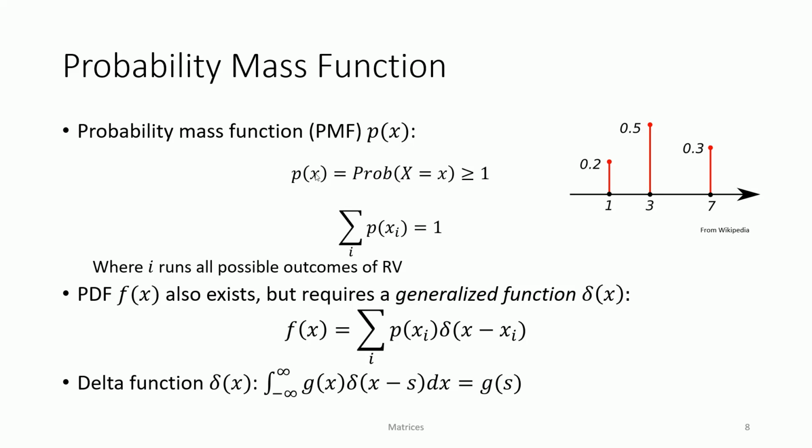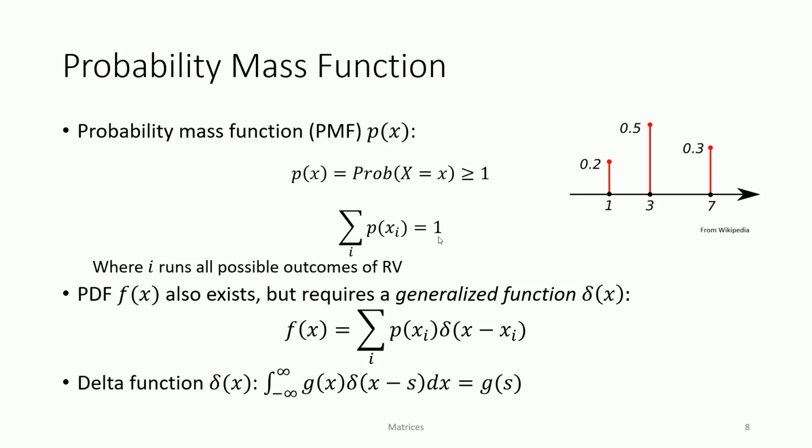In this case, PMF is not a density. It is a probability. I'm showing this simple example from Wikipedia with 3 outcomes: 1, 3, and 7. Their probabilities happen to be 20%, 50%, and 30%. If you add them up, they should add up to 1.